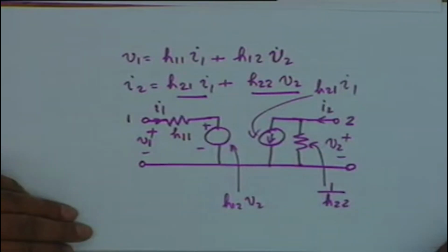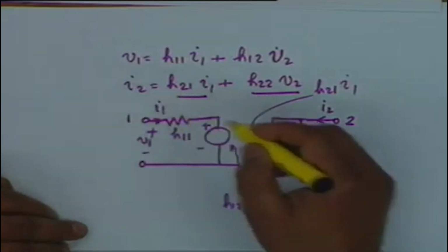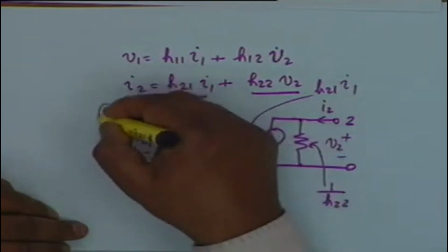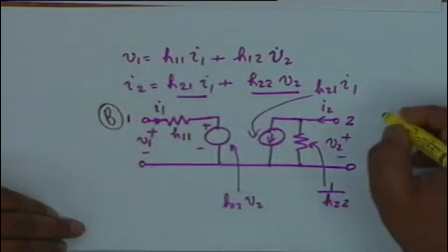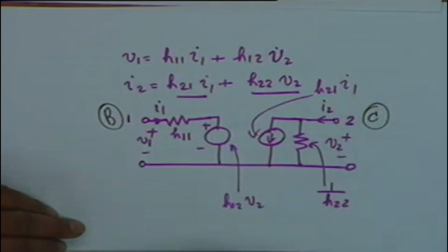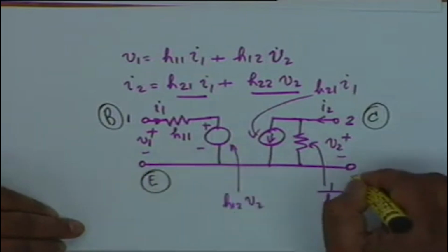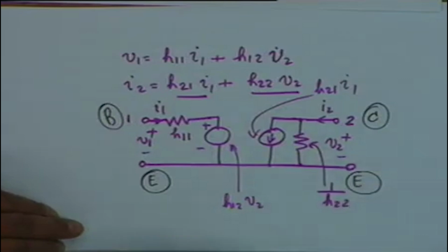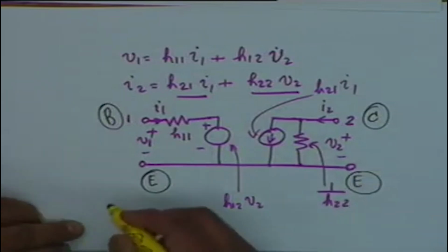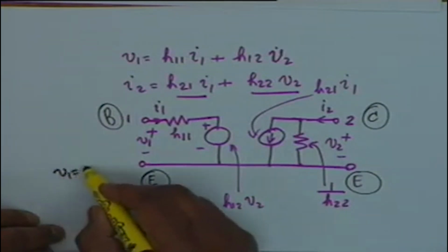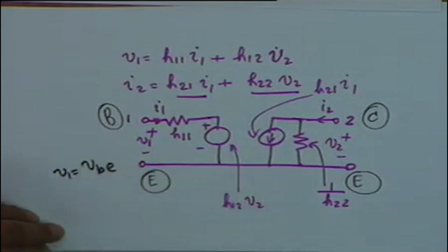Now, in a transistor, if the terminal 1 is a base, terminal 2 is a collector and the common terminal is an emitter, then you see V1 is nothing but VBE.